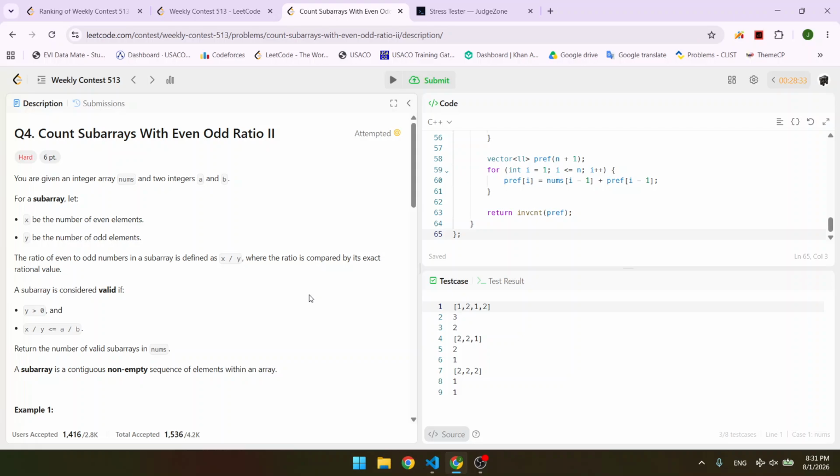x times b less than or equal to a times y. Okay, so y a's minus x b's is greater than or equal to 0.